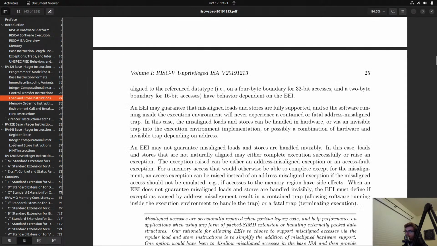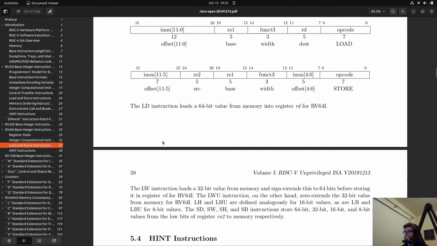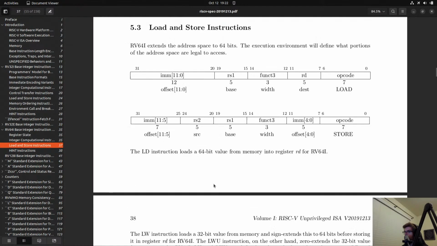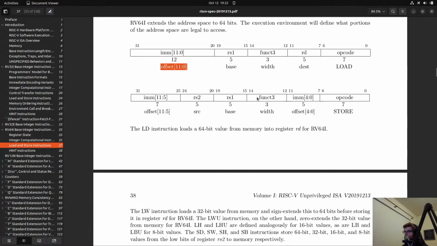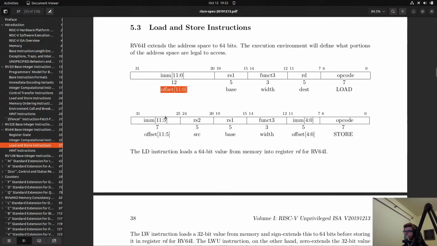And we'll see here, load and store instructions. Base and offset. Okay, so this is just allowing us to form the address. Base destination. Okay, yeah, looks the same. So we're going to use the ones from the 64-bit base integer instruction set.